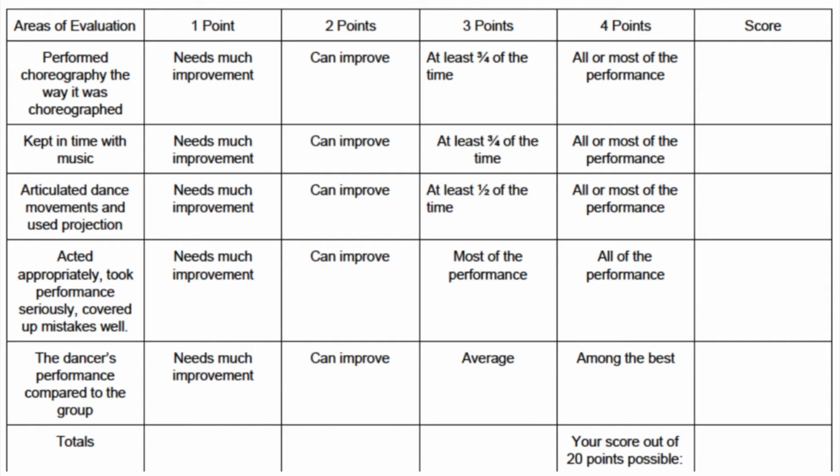So point 1 was needs much improvement, then 2 is can improve, 3 is at least 3/4 of the time, and then 4 points is all or most of the performance. I mean, it really would be ineffective for feedback, basically. So I just wanted to pull a really good one and then pull one that I thought, in my personal or professional opinion, would not be very effective in giving feedback.